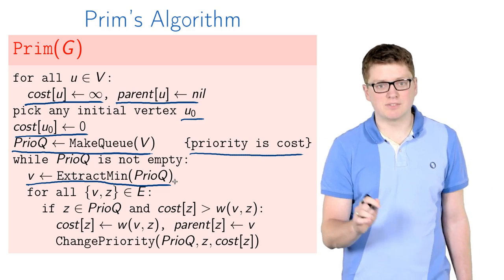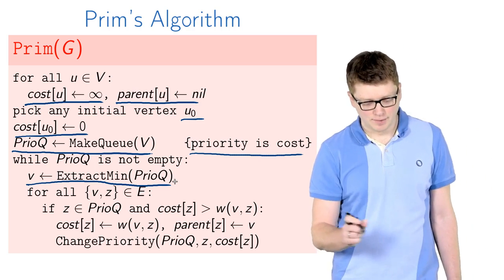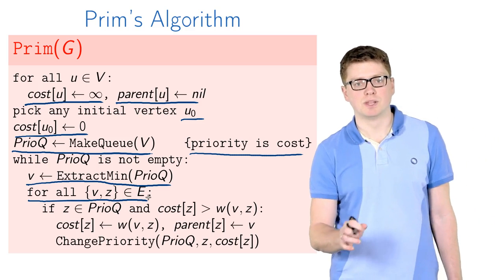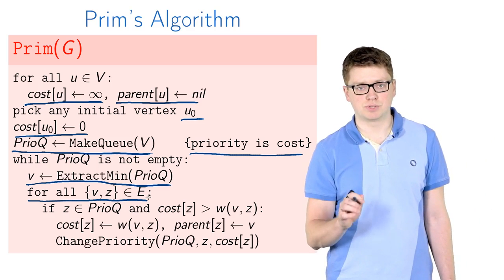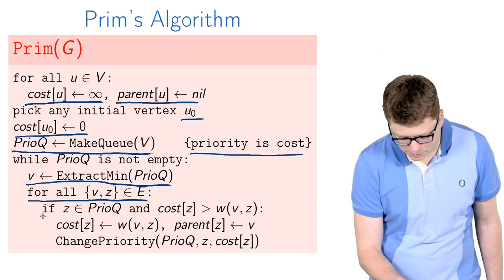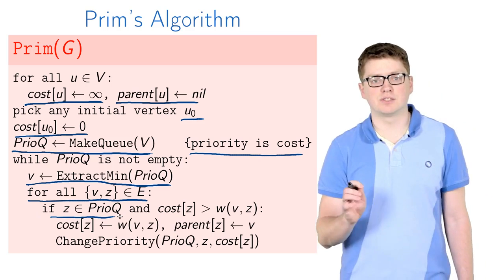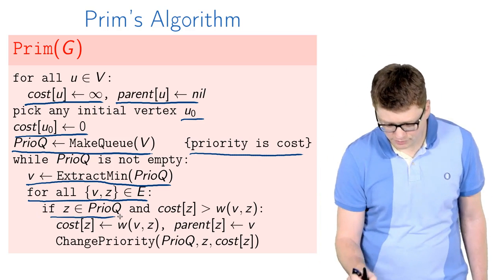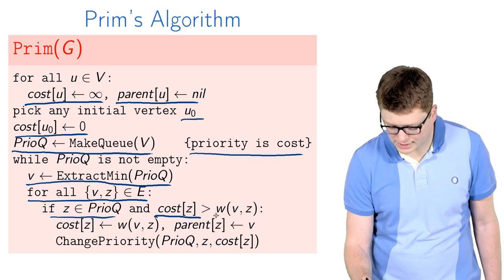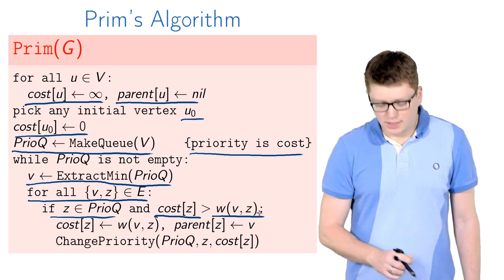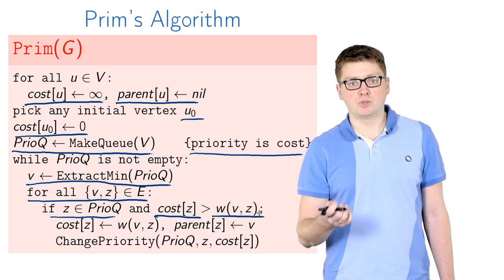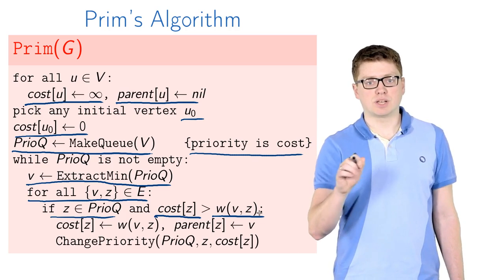When we add the vertex v to our current tree, we iterate through all its neighbors. This is done in this for loop. So we iterate through all neighbors z of the vertex v, and we check if z is still in the priority queue, namely if z is not in our current tree, and if the current cost of z is greater than the weight of the edge from v to z. Then this means that we've just found a cheaper way to attach the vertex z to the current tree.